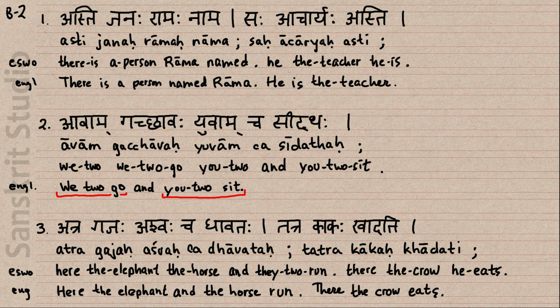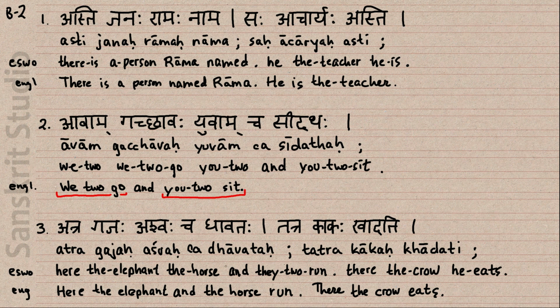So dhavataha is dual. But in English, 1 plus 1 is not dual, but it is plural, right? So run is plural here in English, but it's not plural in Sanskrit, because 2 equals dual. So since English includes dual into plural, this is the procedure.